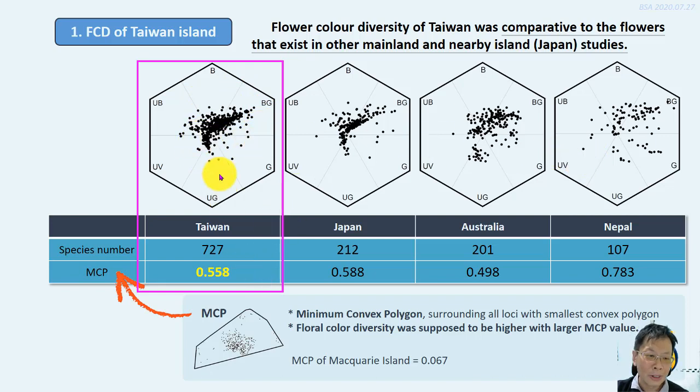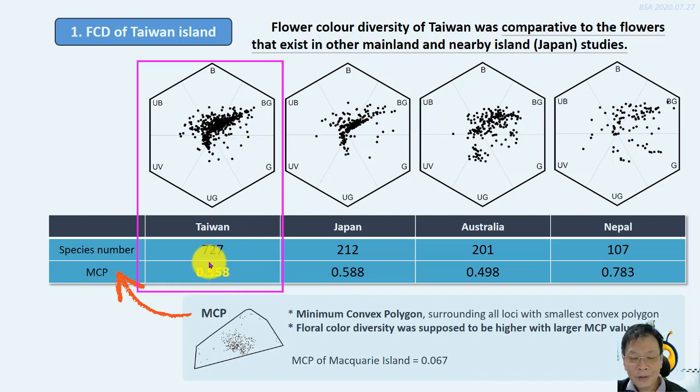regions or not. You can see the MCP calculation is basically we can draw an outline to include all these loci and see how large this area is. If the area is comparable to another place, then we can say the color diversity is almost similar to other places.